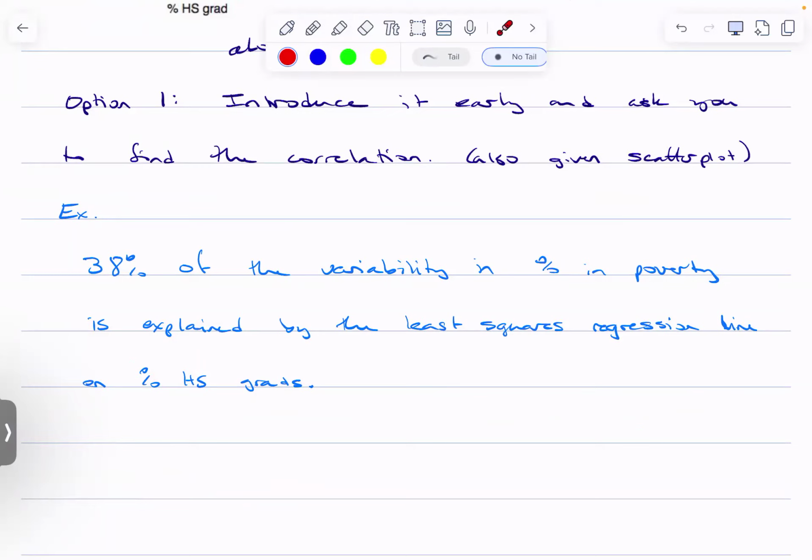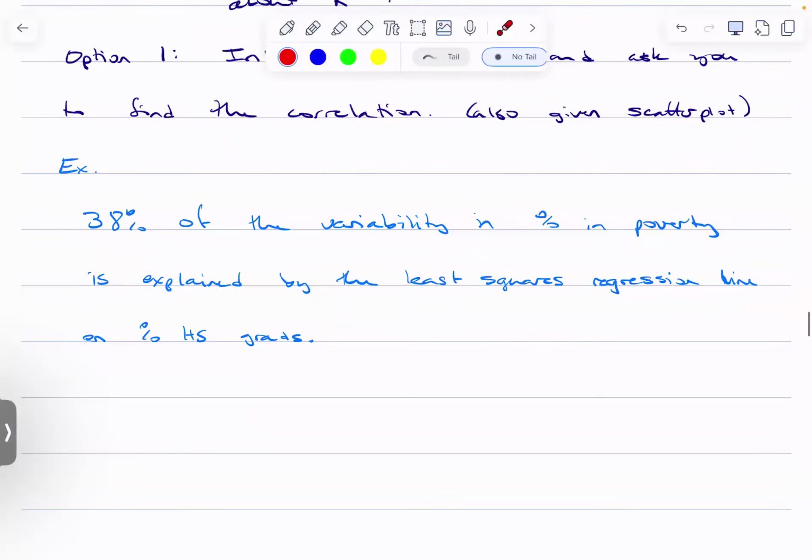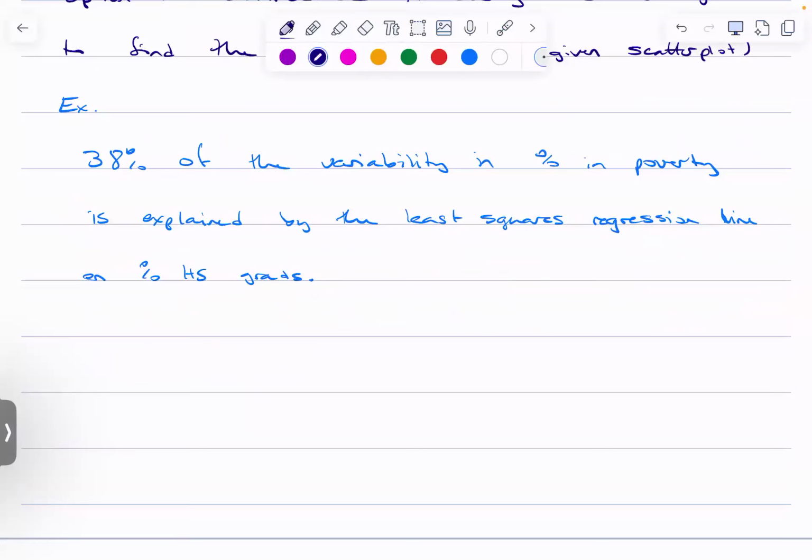And then I would say, part B, 38% of the variability in the percentage in poverty, which is your Y, is explained by the least squares regression line on the percentage of high school grads, which is your X in this case. So first things first, we only do math not on percentages, but on proportions. And so let's start there.